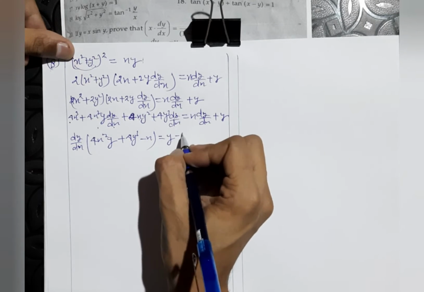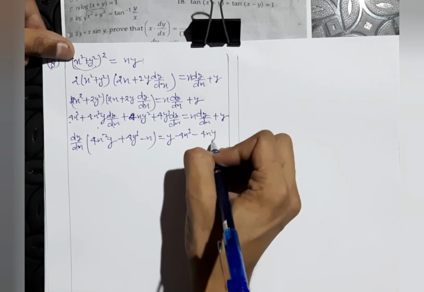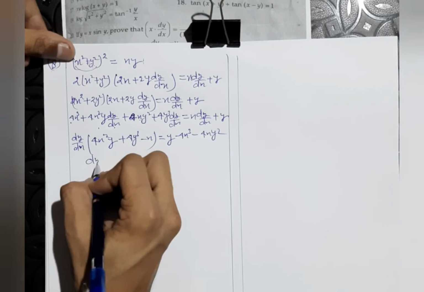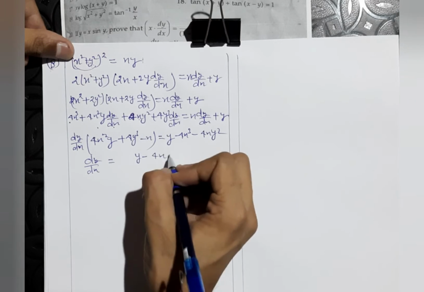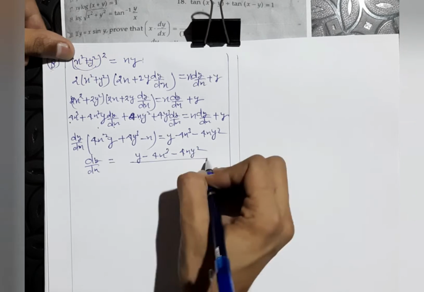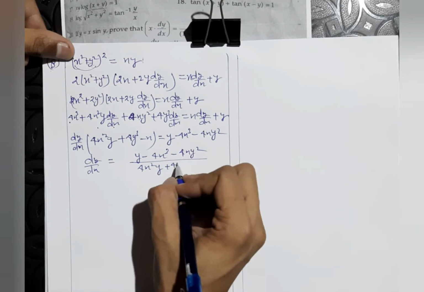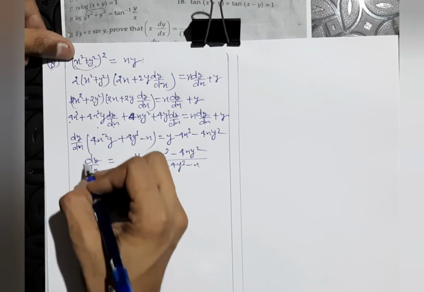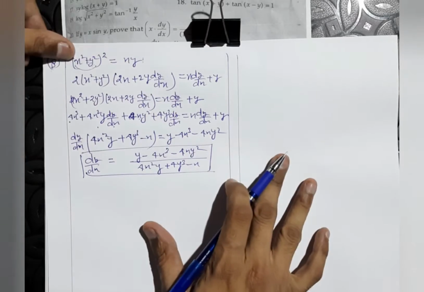So this is minus 4x³ minus 4xy² plus y. So dy over dx is (y − 4x³ − 4xy²) divided by (4x²y + 4y³ − x). So this is the differentiation of this equation with respect to x.